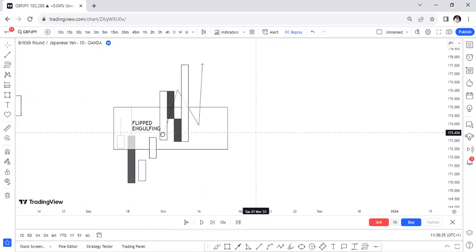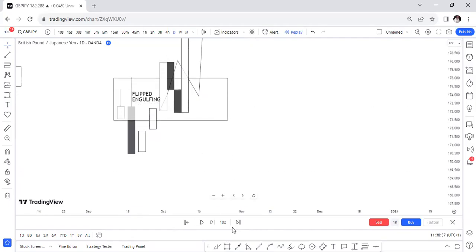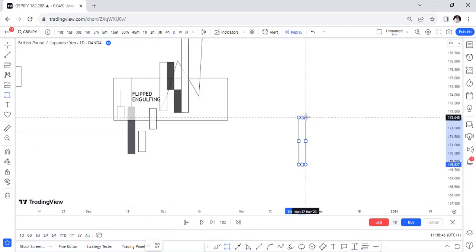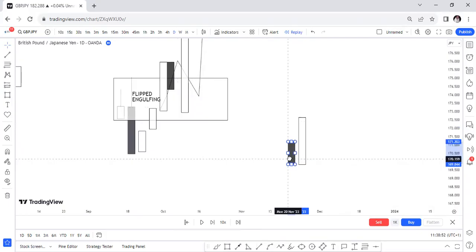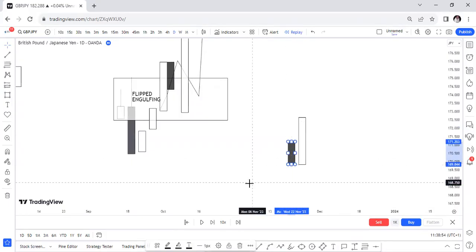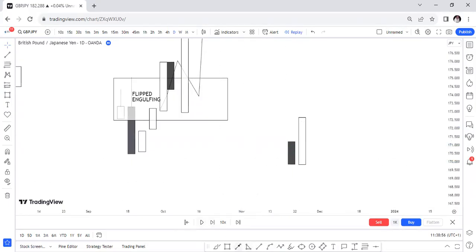Then the other side is the opposite. If you have a bullish engulfing pattern with a candle like this, then probably you may have something like this.